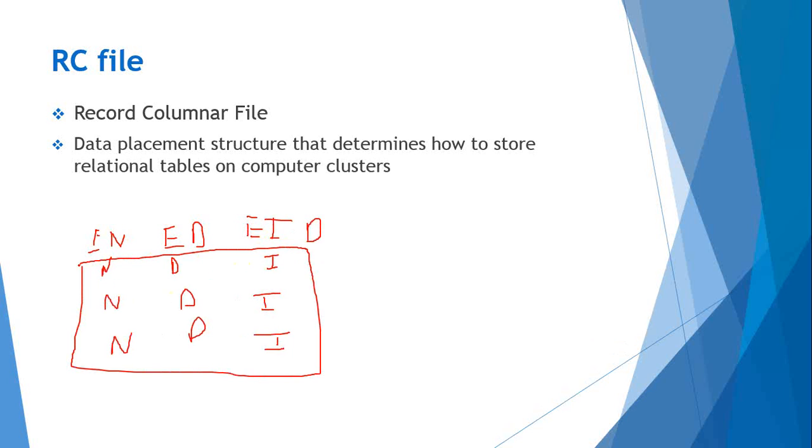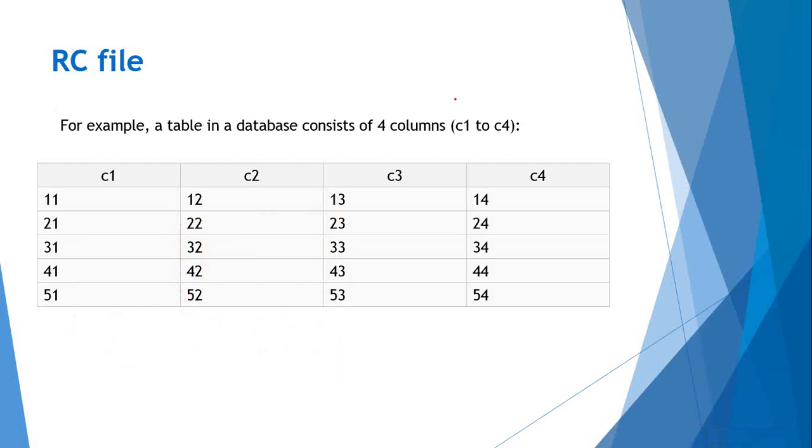But what is the problem when I'm storing my data in the row format, that is row by row? I have to do a seek on the whole row to reach the next name. So what the RC file format gives you is a benefit. The benefit is that we store data something like this.